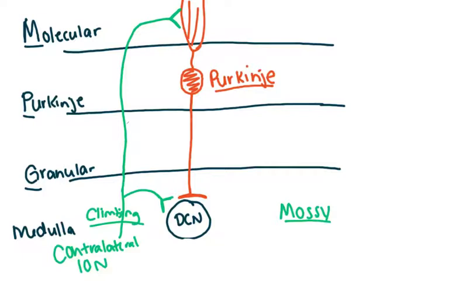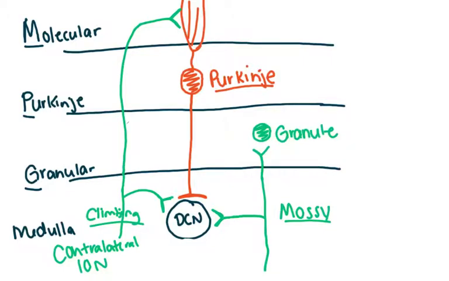So the mossy fibers are going to enter the cerebellum and then excite the deep cerebellar nuclei via a collateral branch, just like the climbing fiber did. And then the mossy fibers are going to go up into the granular layer and excite a granule cell.